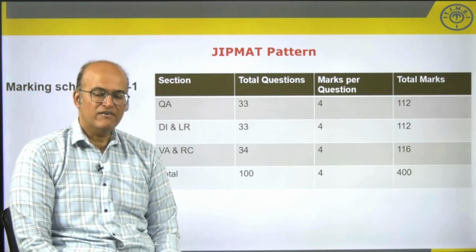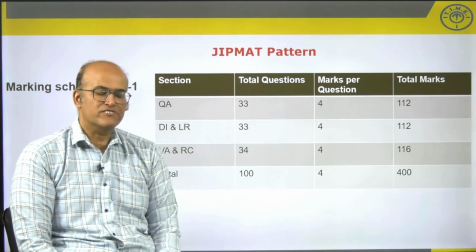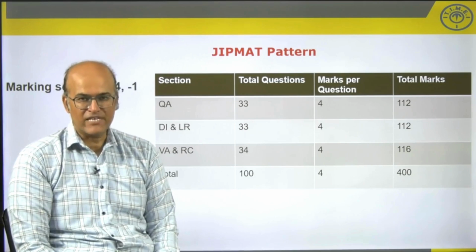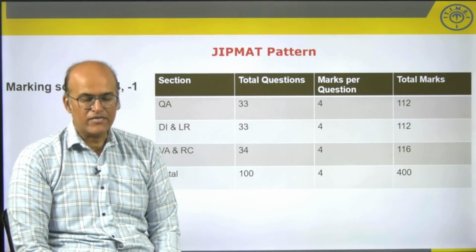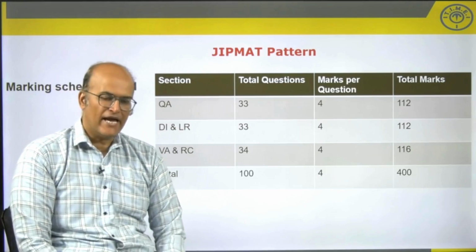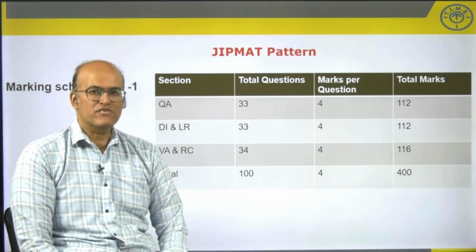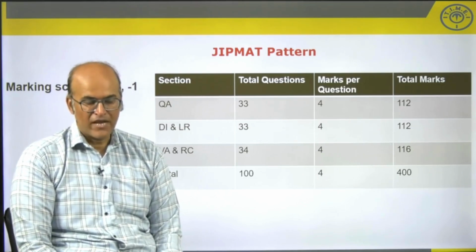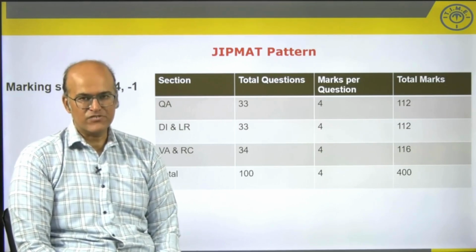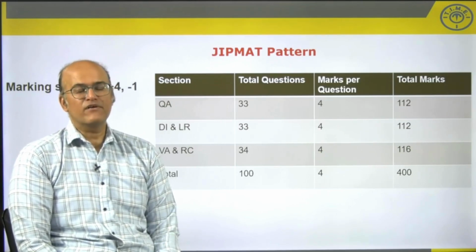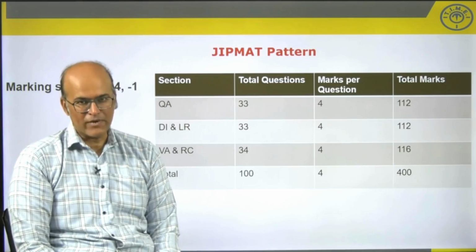Now, as far as questions per section are concerned, there are 3 sections in the JIPMAT exam. You have quantitative aptitude, which is nothing but mathematics. School level mathematics would be there, and 33 questions appeared from mathematics. Then data interpretation and logical reasoning also had 33 questions, whereas verbal ability and reading comprehension had 34 questions.